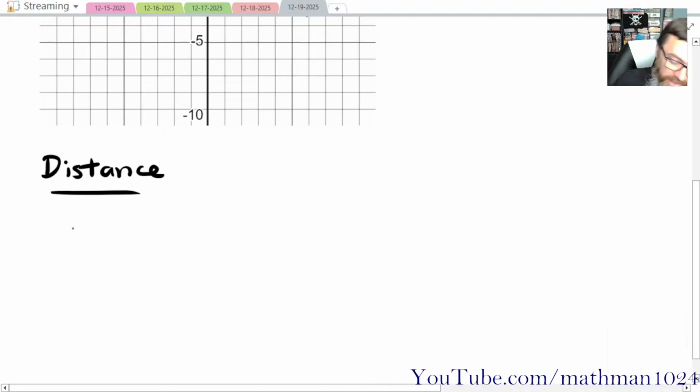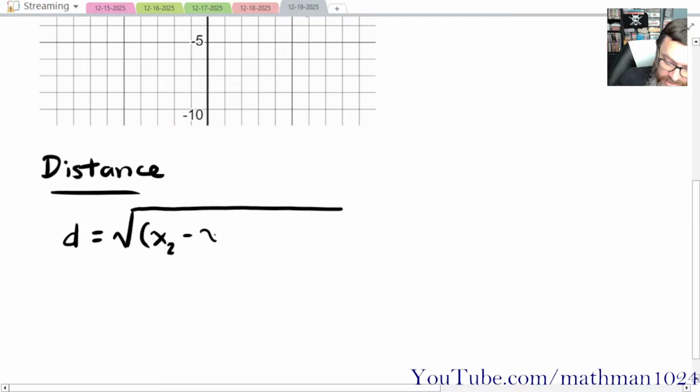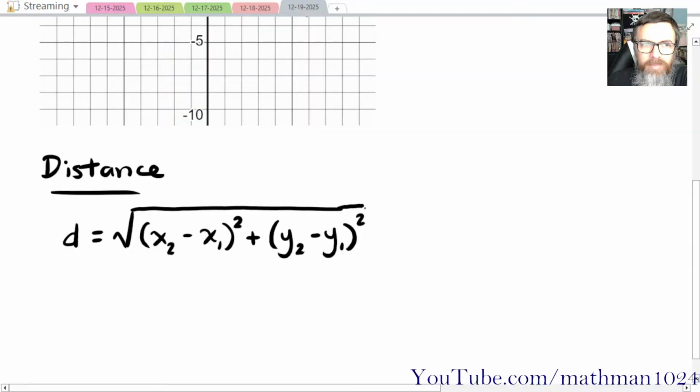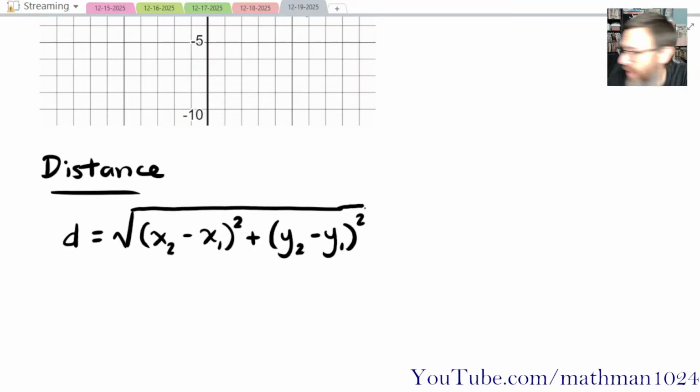If I were to write it the way most textbooks show, they're going to say it is the square root of x2 minus x1 squared plus y2 minus y1 squared. And really when they're using that subtraction there, they're talking about the difference. They're talking about the change in x and the change in y.